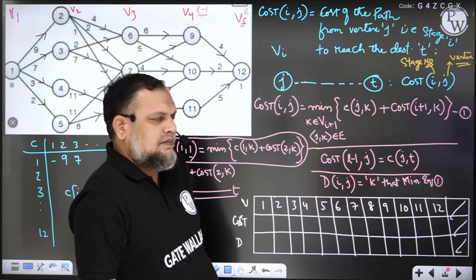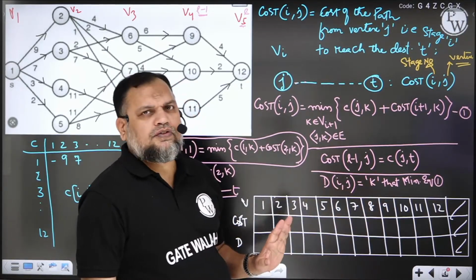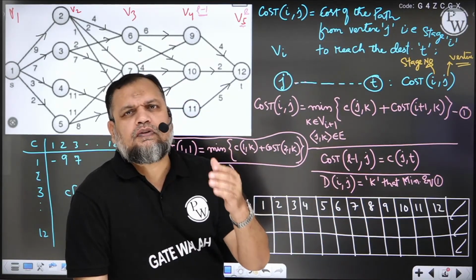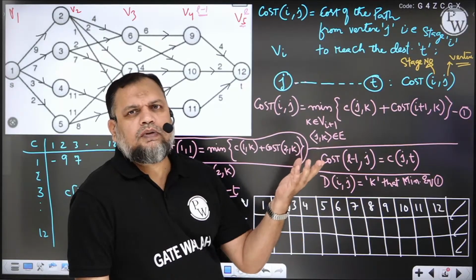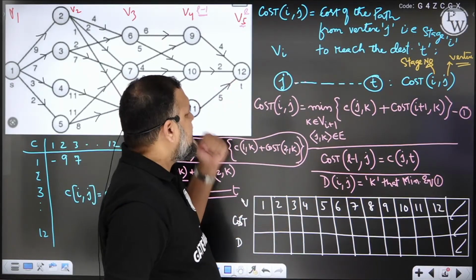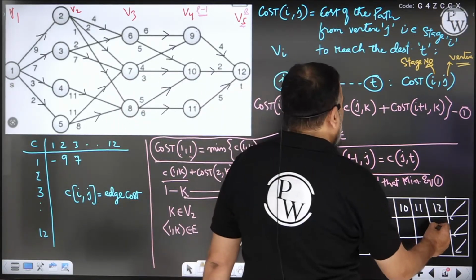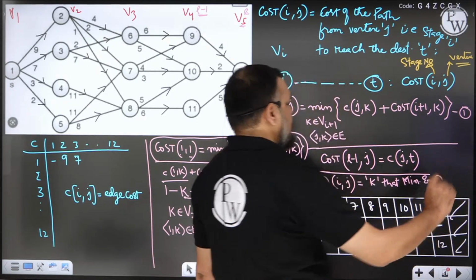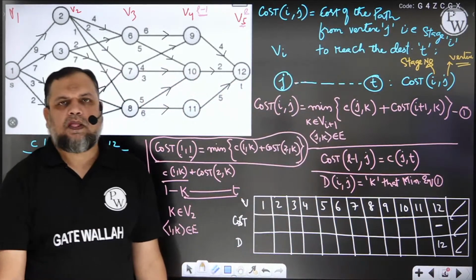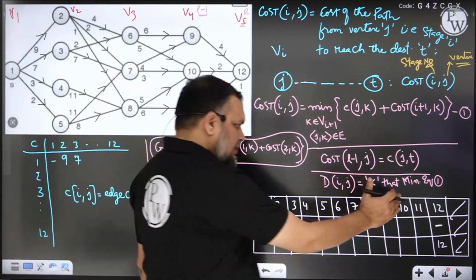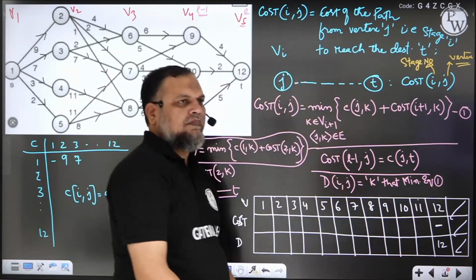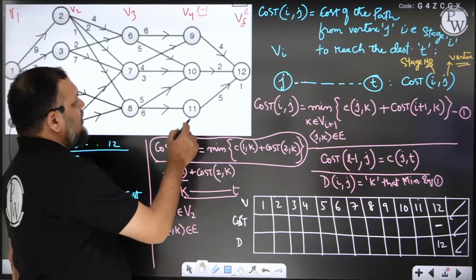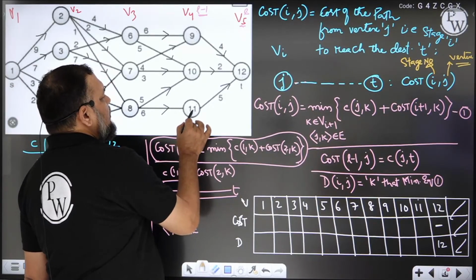So how do I work? If I start from the last, cost of 12, there is no meaning in reaching from 12 to 12, because 12 is the destination t. So here I will put a dash. Now when you come bottom up, when you come to 11, what is the cost of reaching from 11 to 12?